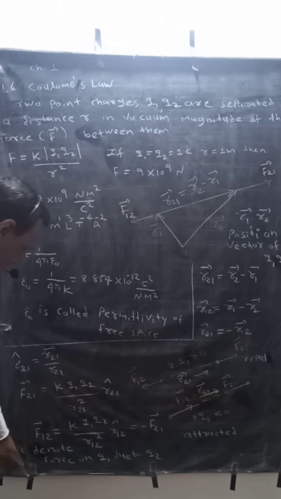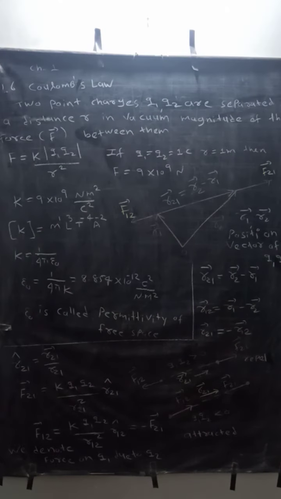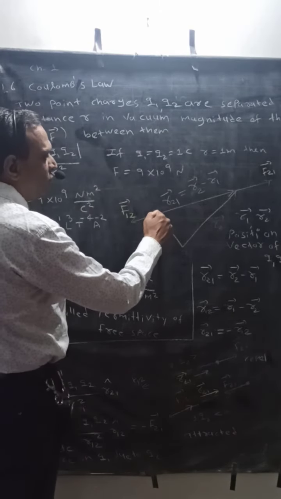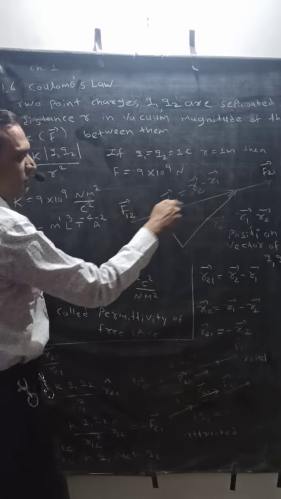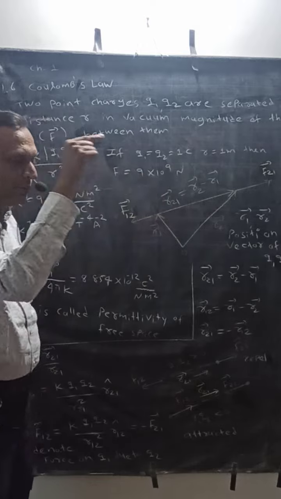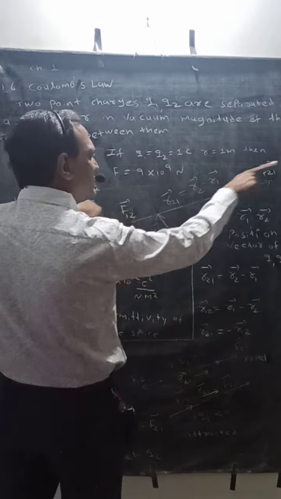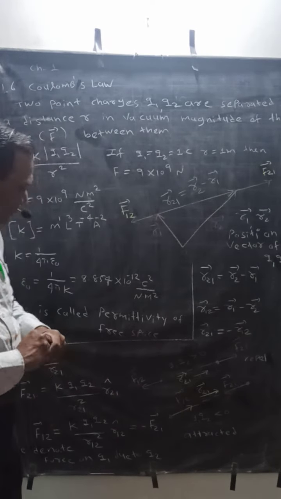F12 denotes the force on Q1 due to Q2. This is the force on Q2 due to Q1. How can you say the force direction is this only? No, it depends on the sign of Q1 and Q2.